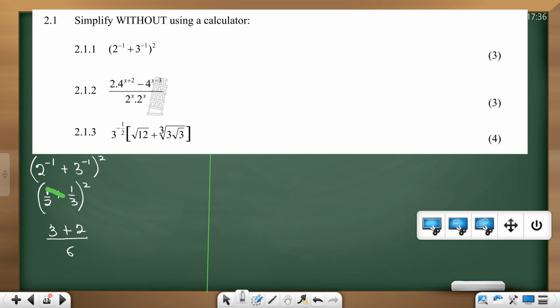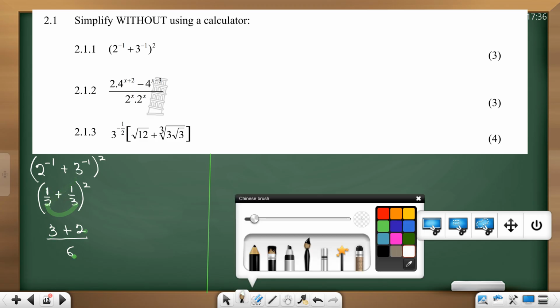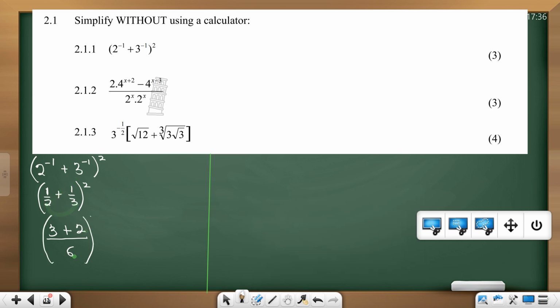I start from the left top. 1 times 3, 3. It's a plus. Then go from left to right. 2 times 1, 2. Then at the bottom, left to right. 2 times 3, 6. Which gives me what? 5 over 6. Oh, now it's very easy to square. 25 over 36, done.